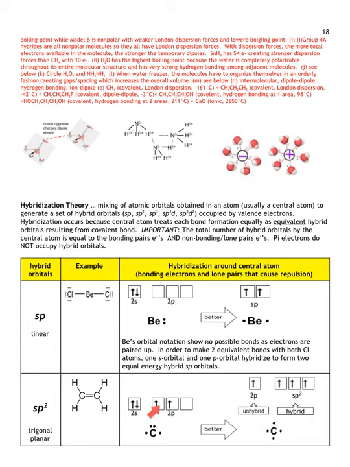Now, how this is going to happen is we're going to need 3 hybrid orbitals. And so I'm going to take one electron and move it over to the p orbital. And then I'm only going to hybridize one of the s and 2 of the p's.